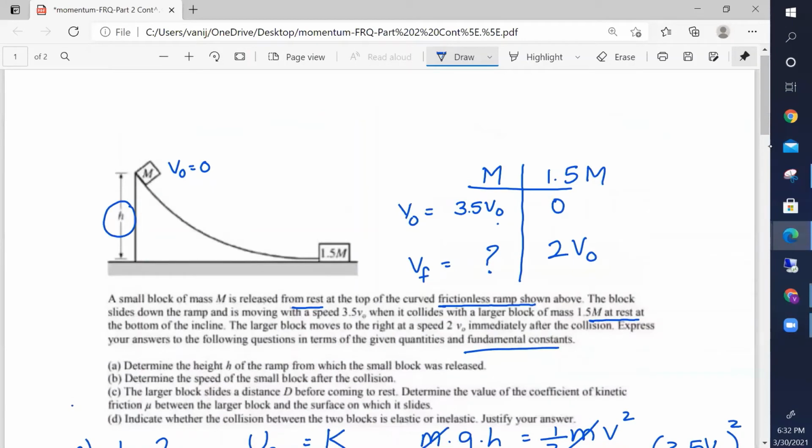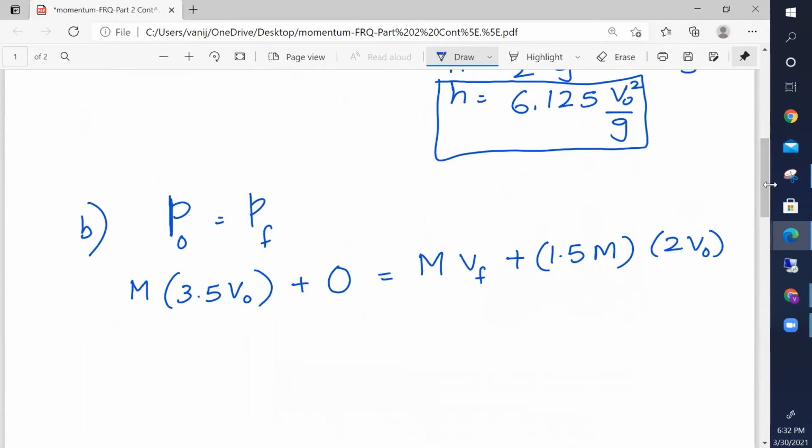The final velocity of the 1.5 m block is 2 v naught. So I'm going to plug that in. Now all you need to do is simplify it. So m times 3.5 v naught is equal to m Vf plus 3m v naught, since 1.5 times 2 is 3m v naught.